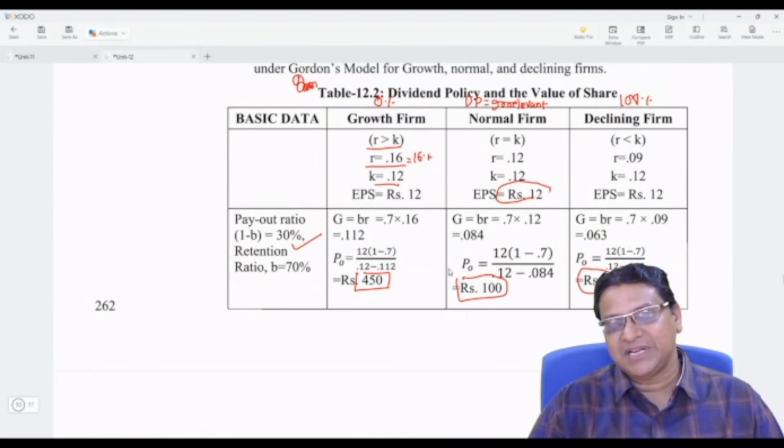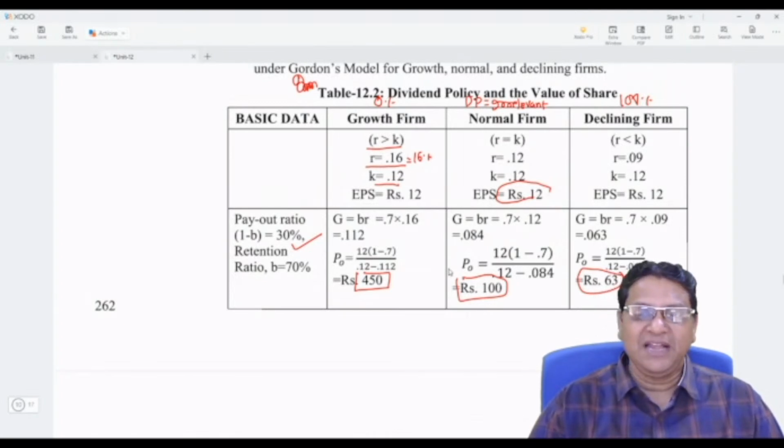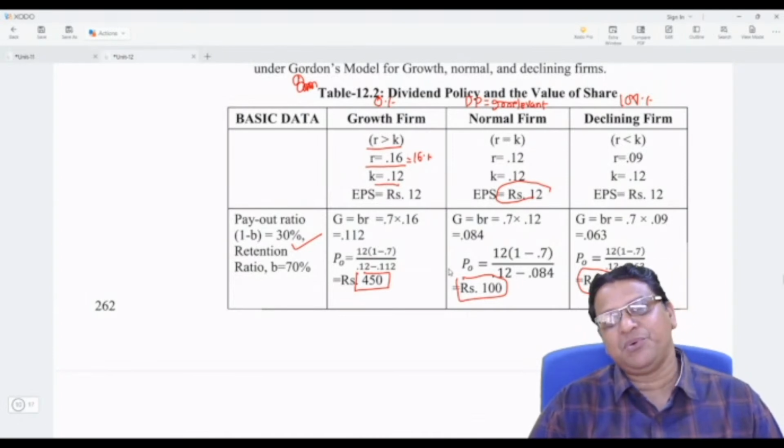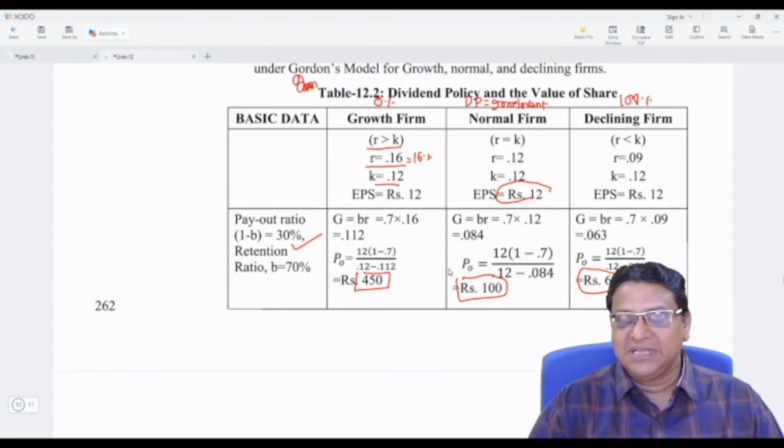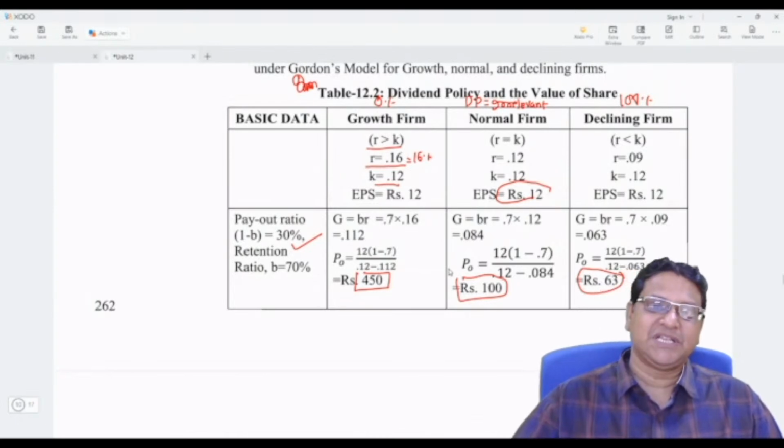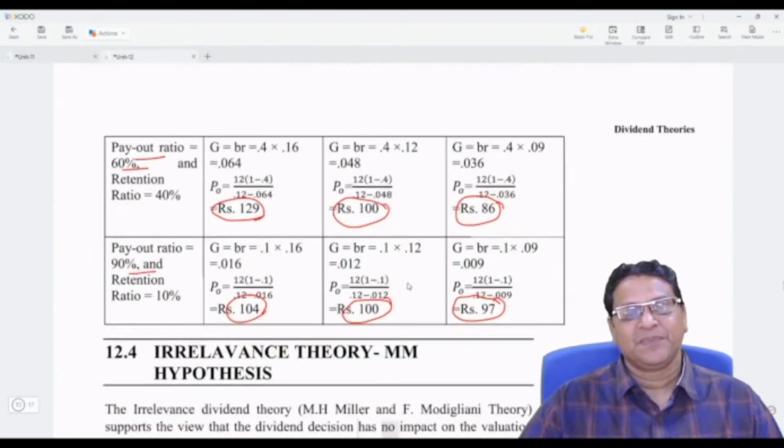And both the theories tell that in case of decline firm, the dividend payout ratio should be 100%. And in case of normal firm, any payout ratio is fine. That means dividend policy is irrelevant. So this is relevance theory.